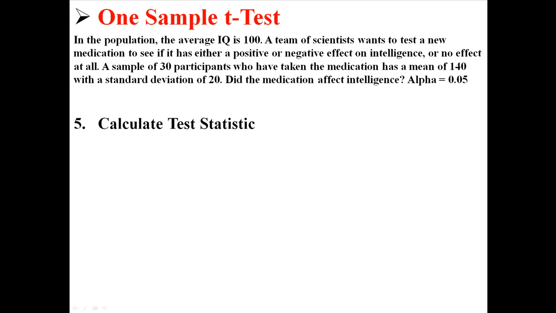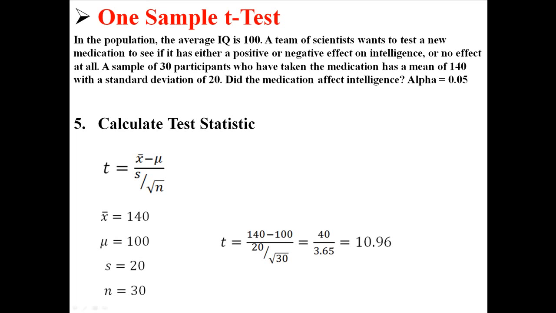So now let's actually calculate that t. It uses this equation right here, where the sample mean is 140, the population mean is 100, the sample standard deviation is 20, and the sample size is 30. So I'm just going to plug those things into the equation, and that's how I get a t of 10.96. If you want to write that down, you can pause the video right here and come back to it when you're done.